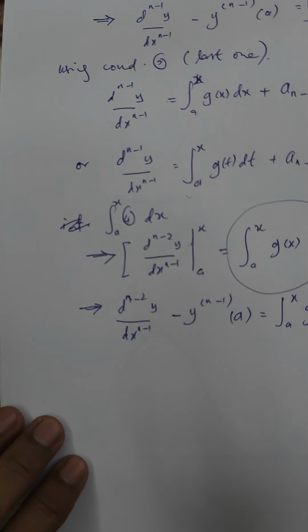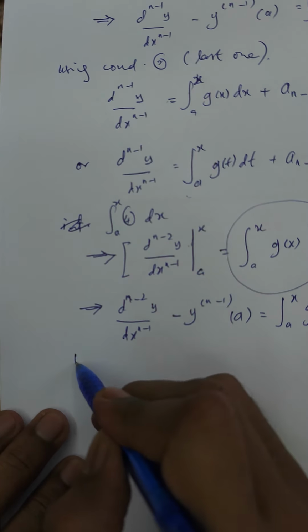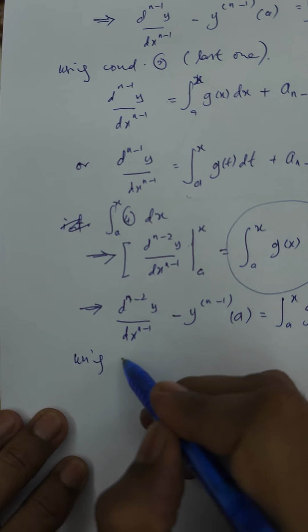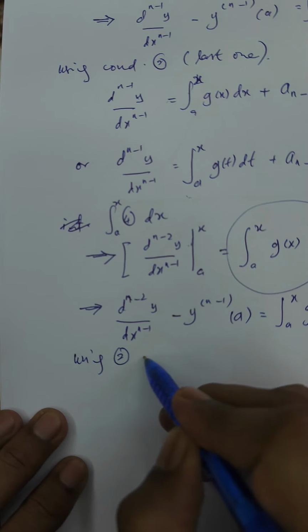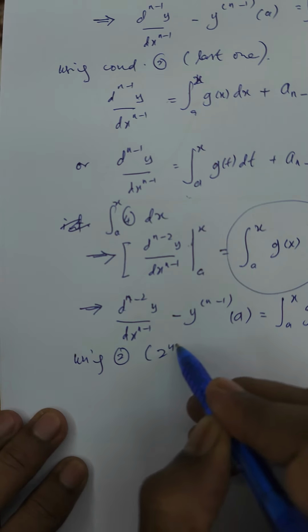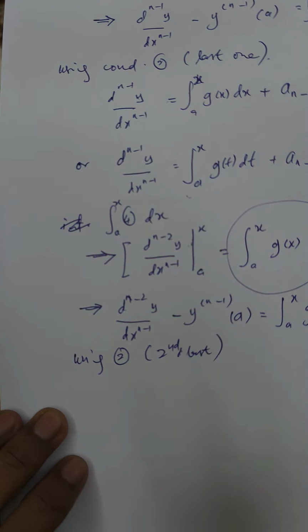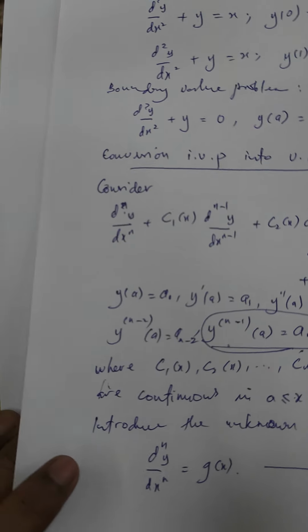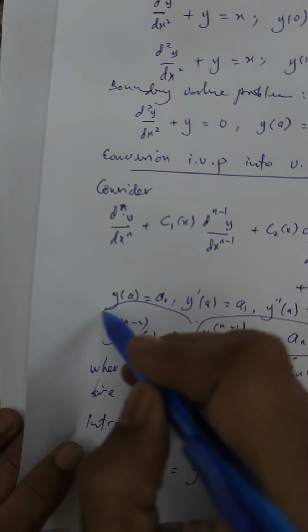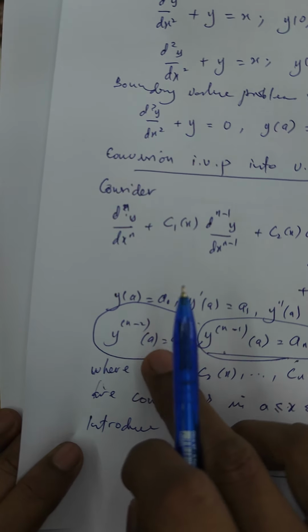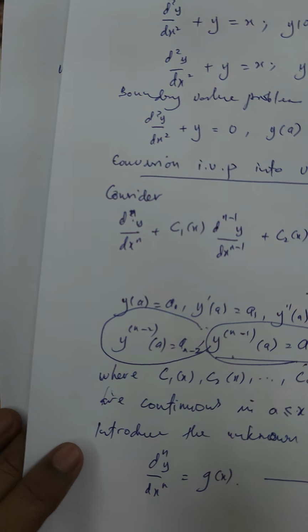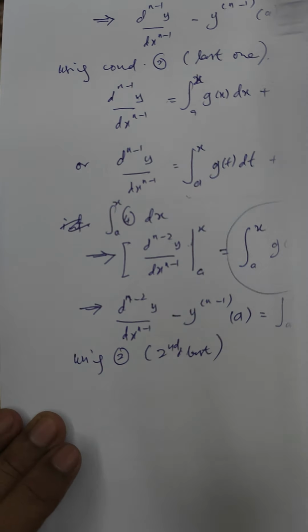Alright, and then we use the condition, using condition 2, the second last, that condition here. We have y^(n-1)(a) equal to a_(n-1).